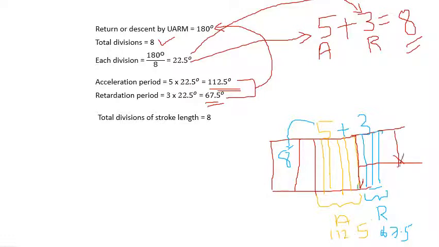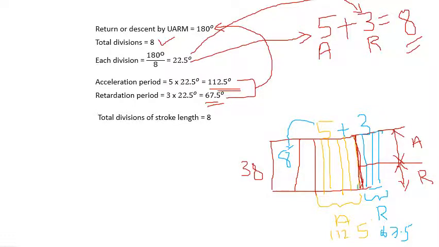Always the first stroke is acceleration and the second one is retardation. While dividing this middle line, be careful. We have to divide this into 8 divisions. So the total stroke length is 38.